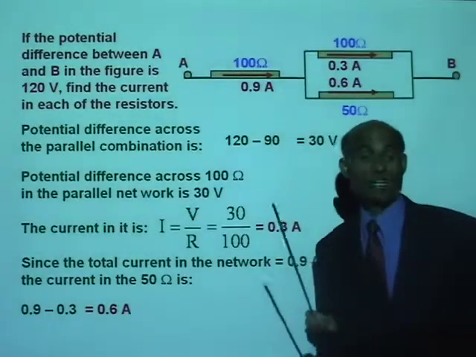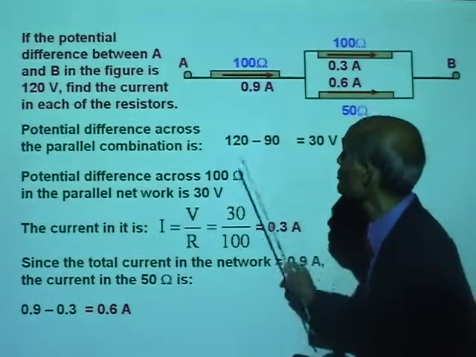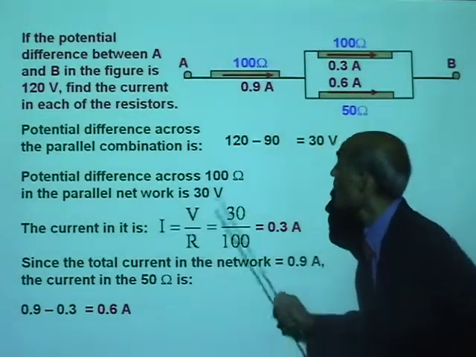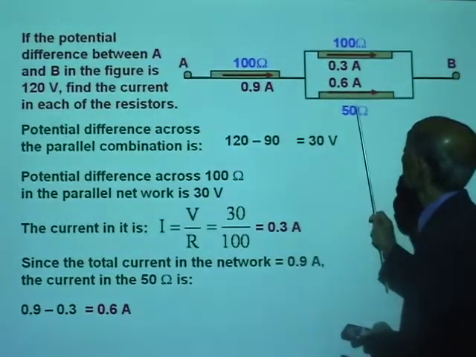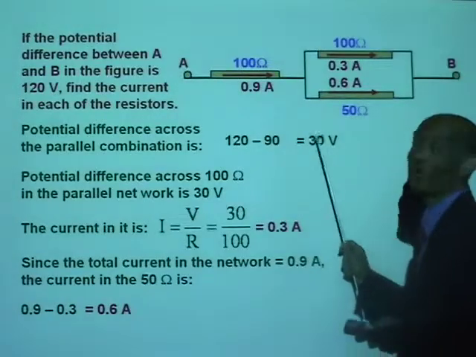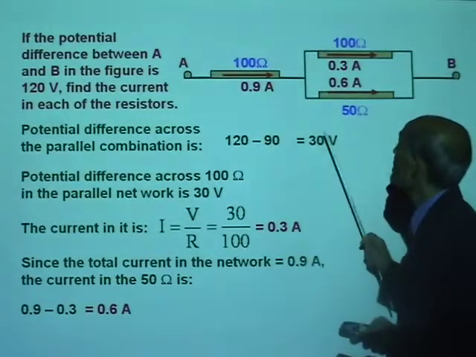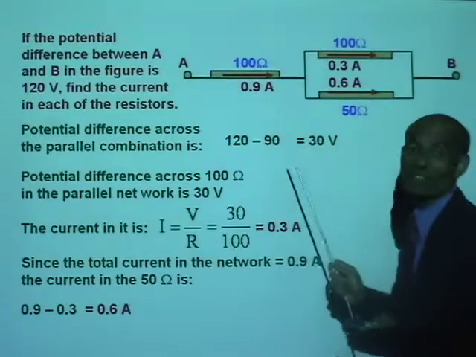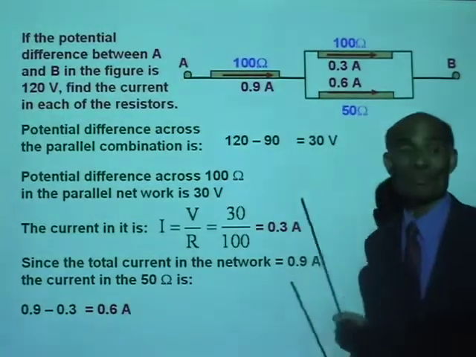In fact, you can also obtain that by using the equation V over R. The potential drop across the 50 ohm is 30 volt, and so the current in it is 30 divided by 50, and that is also 0.6.